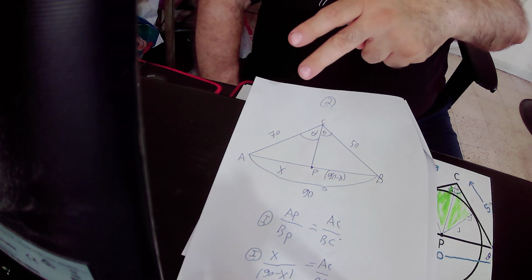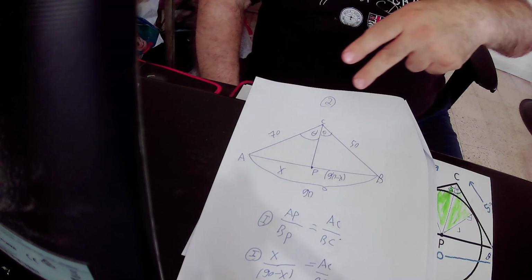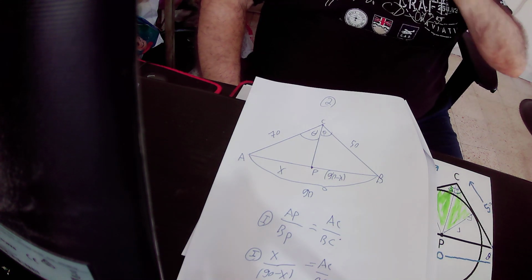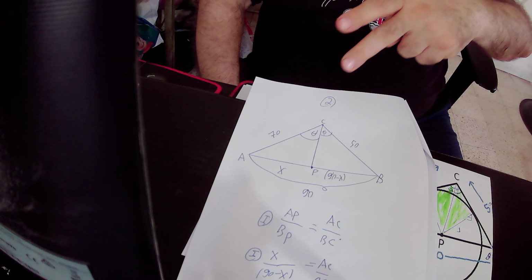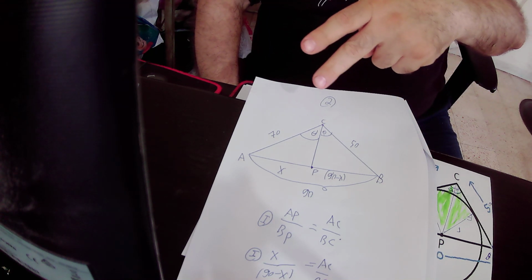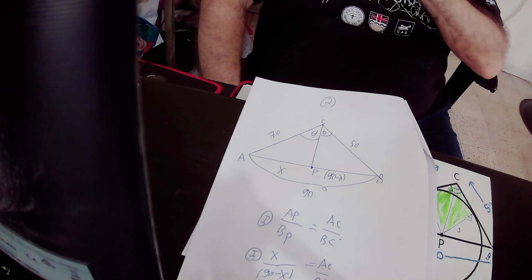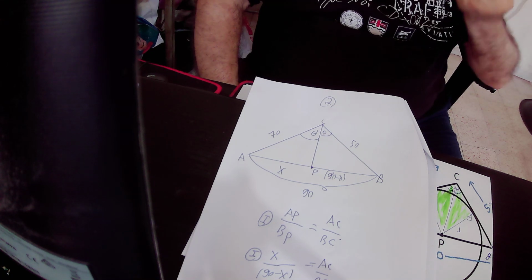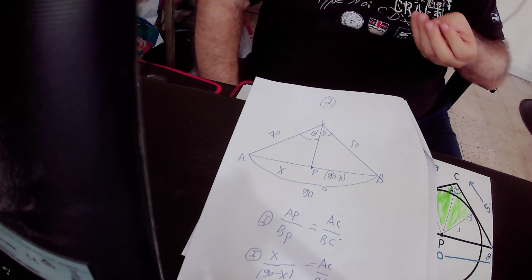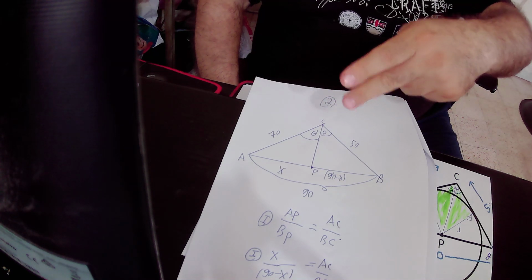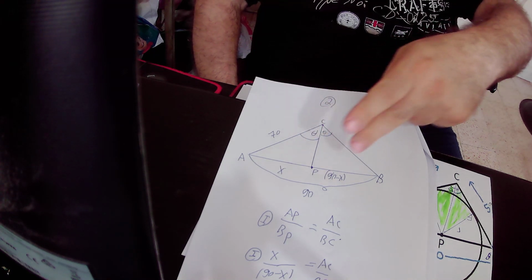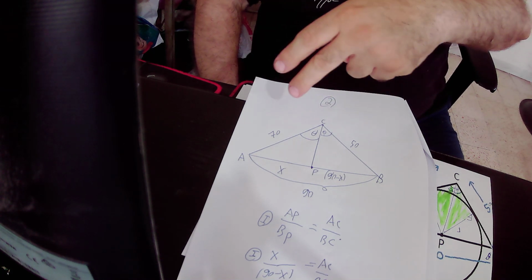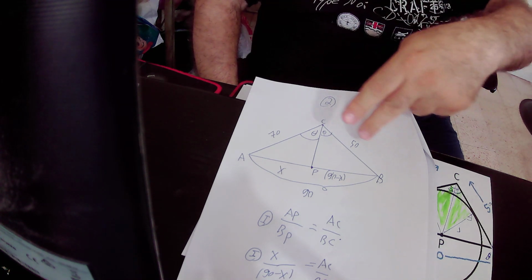The ratio of the angle's sides is AC over BC, and CP also divides AB in the same ratio. So AP over AB must equal AC over BC, because the angle bisector divides side AB, the side that it meets, in the same ratio as the ratio of the angle's sides.